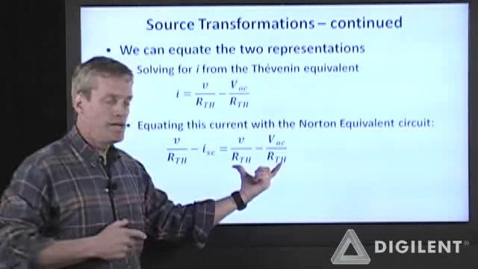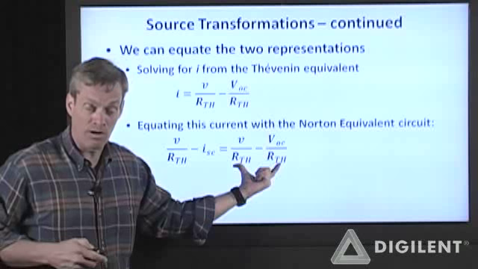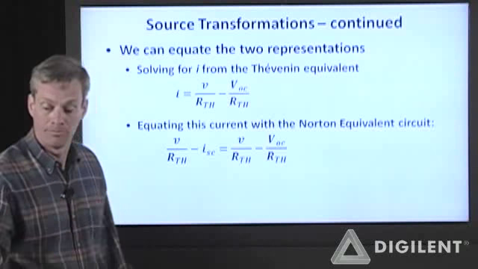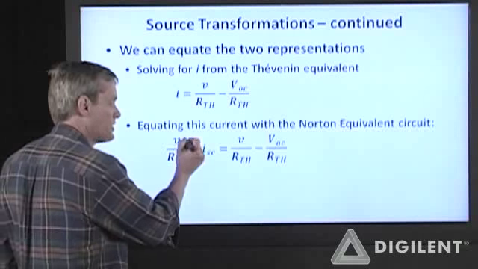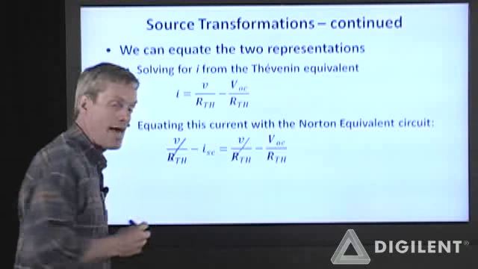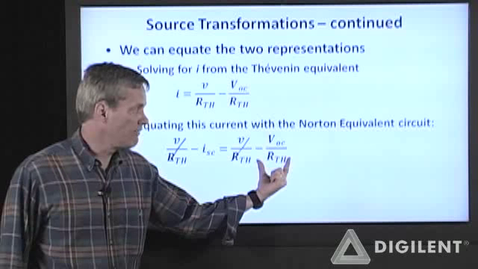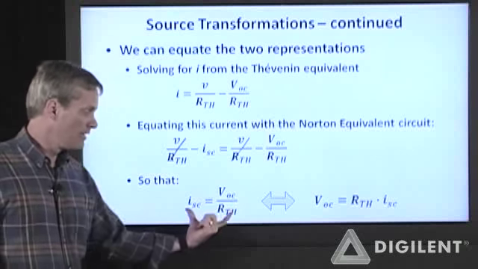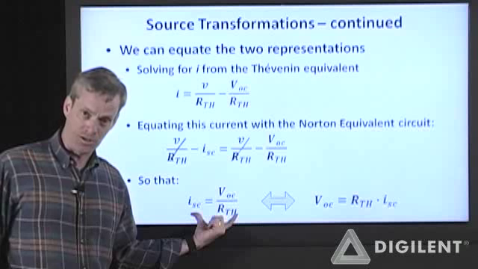This Thevenin equation tells me that I is equal to V over RTH minus VOC over RTH. Those currents have to be equal to one another. This term, V over RTH, shows up on both sides of this equation. I can cancel that out. So I get negative ISC is equal to negative VOC over RTH. So combining my two equations gives me ISC is the same as VOC over RTH.